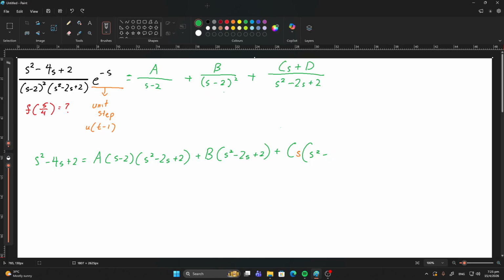So anyway, s minus 2 squared equals s squared minus 4s plus 4. And last but not least, I'm going to do the same for the D. So it's s squared minus 4s plus 4. Let's go ahead and find all the terms, shall we?